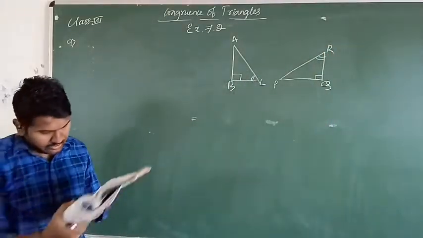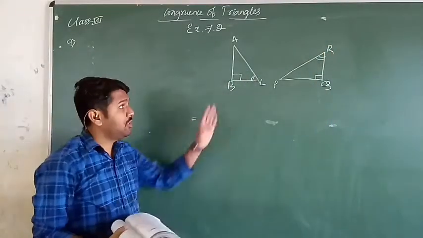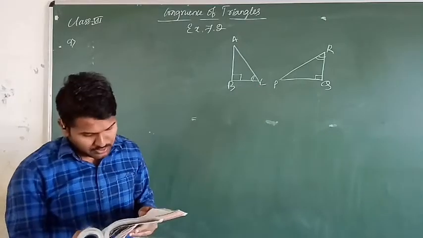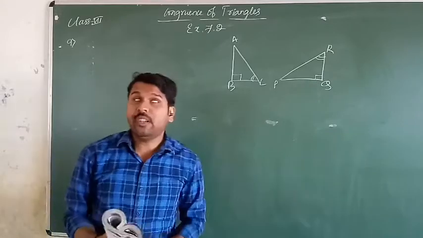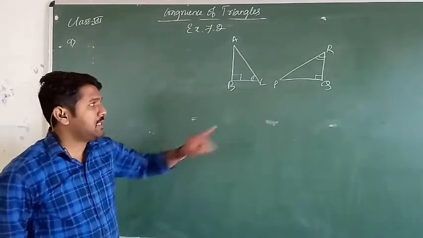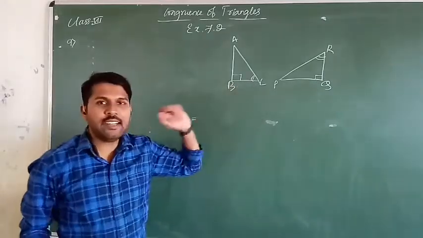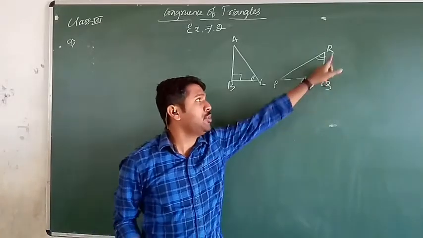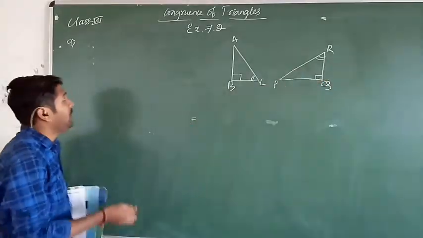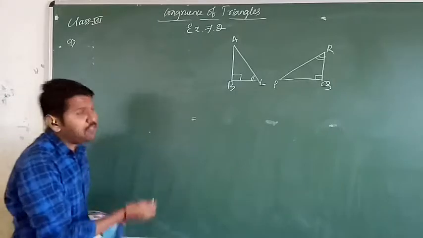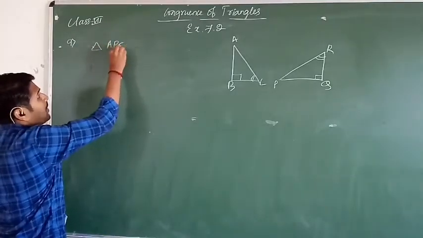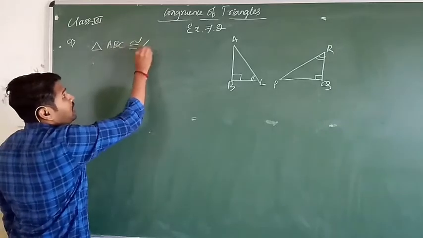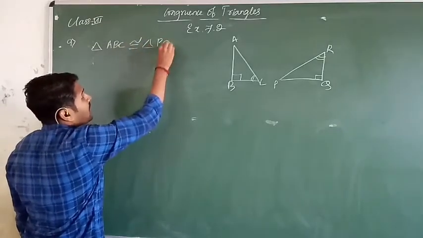And here they given two angles, so these two triangles are congruent. So name one additional pair of corresponding parts, or what criteria will be used. So first here two angles are given. Here also two corresponding angles are given, and these two triangles are first triangle ABC is congruent to triangle PQR.